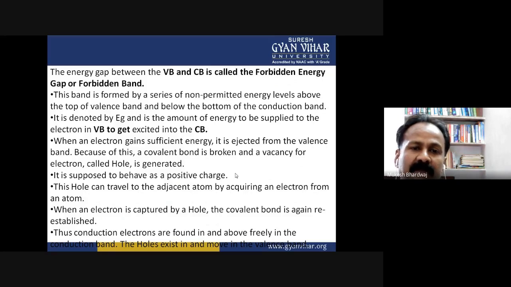This band is formed by a series of non-permitted energy levels above the top of the valence band and below the bottom of the conduction band. It is denoted by Eg and is the amount of energy to be supplied to an electron in the valence band to get excited into the conduction band.